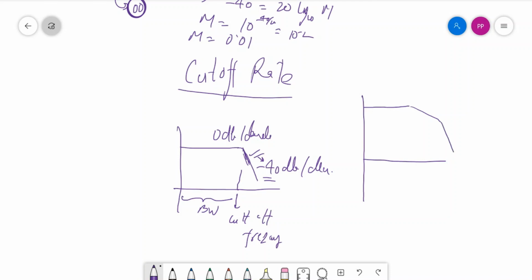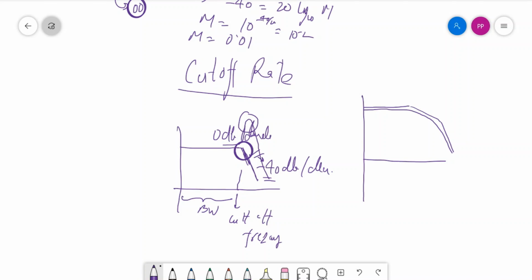So this should be the design of the control system in most practical situations, to save the system from such an abrupt jump of the gain, because with such a rate of fall of the gain, the system will have a resonant peak like this. So to avoid this, we have to avoid this kind of situation. That is why the study of the cutoff rate is very important in control systems studies.